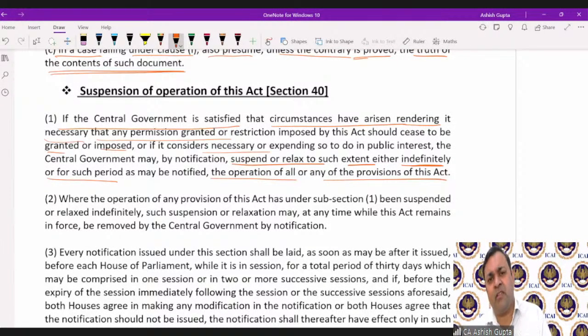So the government has the power to suspend a whole provision or some part of a provision for such time. Where the operation of any provision of the Act under subsection 1 has been suspended or relaxed indefinitely, such suspension or relaxation may at any time while this Act remains in force be removed by the central government by notification.